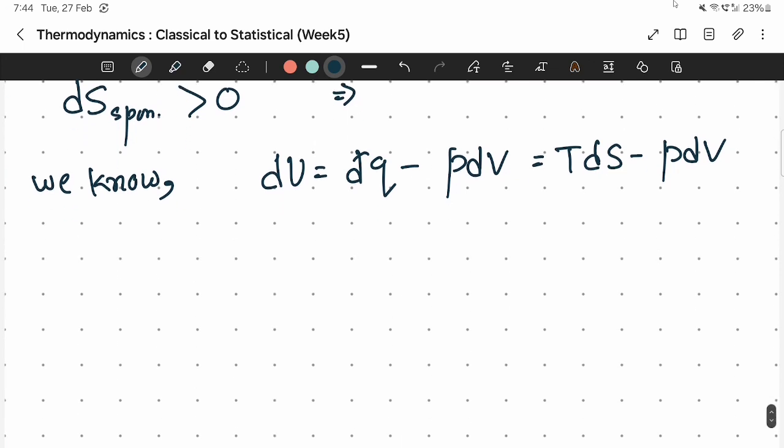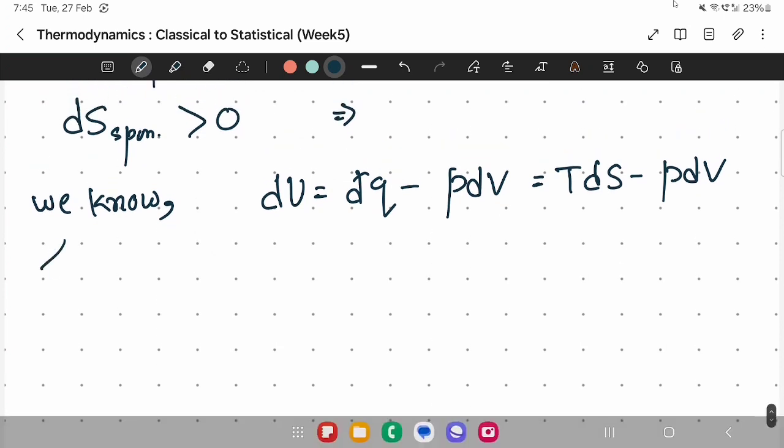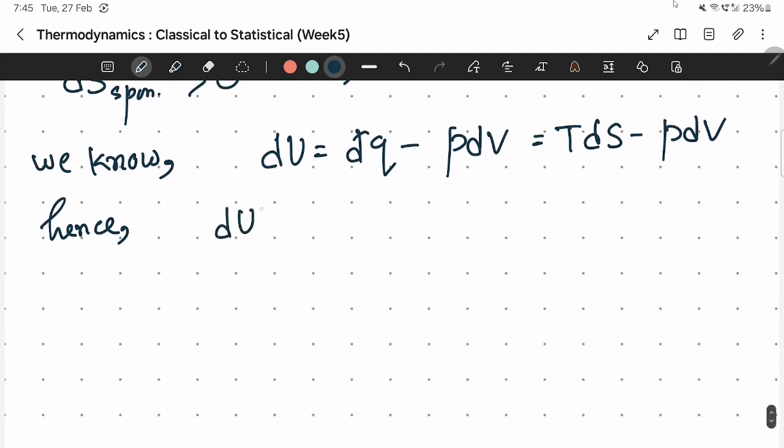So from here, if dS is greater than 0, hence dU at constant entropy and volume is 0.